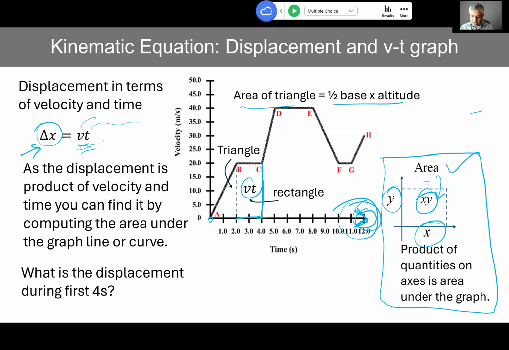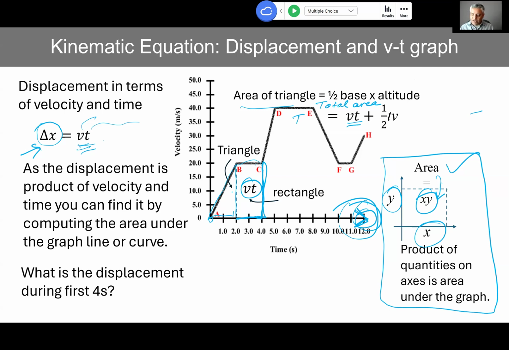So the product vt is the area. So what's the total area then? The total area is going to be, oh, I need to write somewhere here, looks like. vt, the area of this portion, the rectangle, and the area of this triangle.